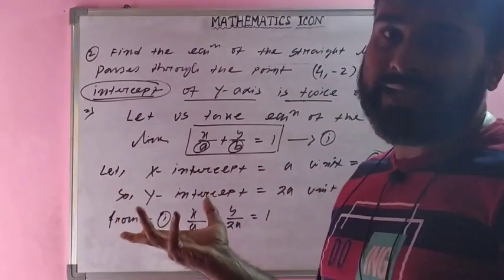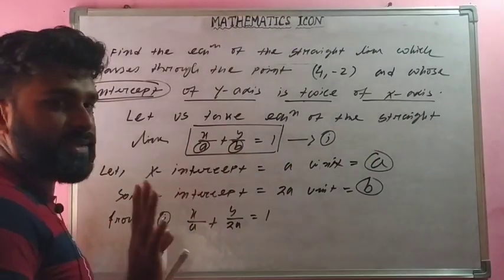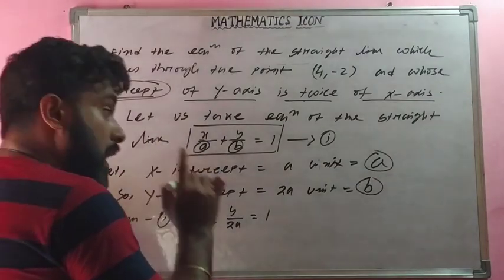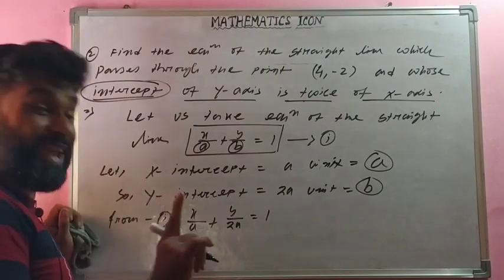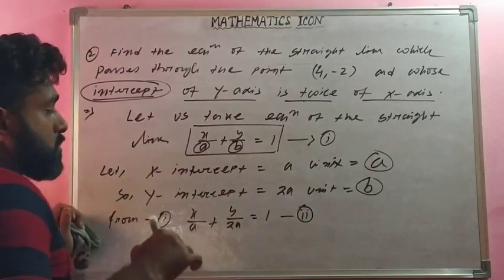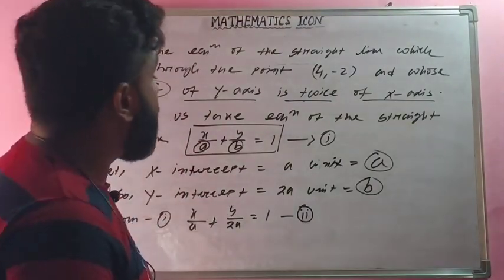Is there any guideline given? x by a plus y by twice a equals 1. Now you need to solve for the value of a here. So it is your equation number 2. I think one link is given by which you can get the value of a.